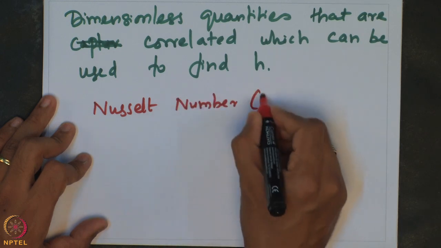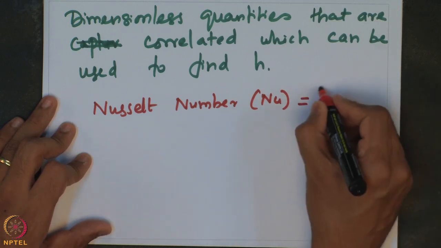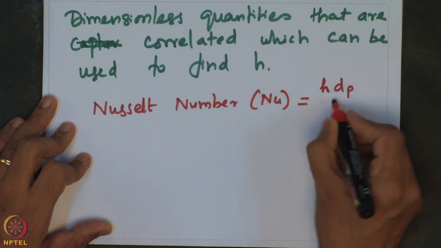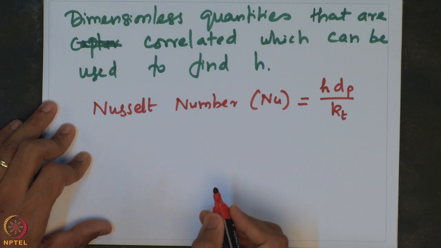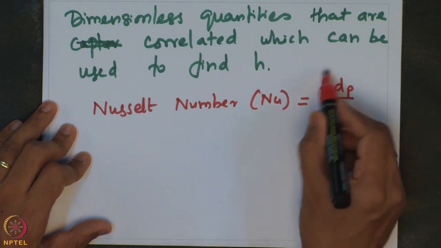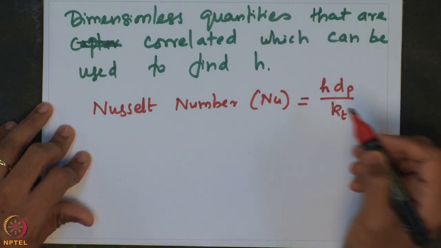The typical symbol used is Nu, and the Nusselt number is essentially the heat transport coefficient h multiplied by the particle diameter divided by the conductivity of the fluid. So, if we know the Nusselt number for a boundary layer problem, we can estimate the heat transport coefficient for that particular problem.